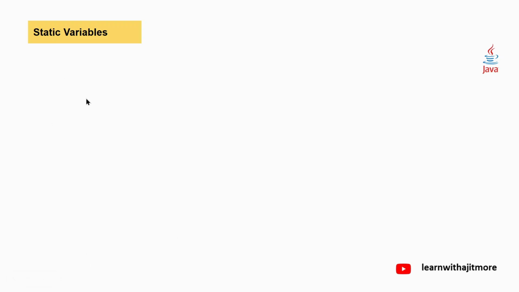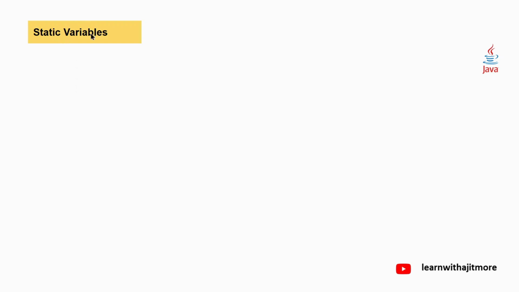Moving to the second type, that is static variables. Okay, now what are static variables? Static variables are shared between all the objects of that class. It means only one copy of a static variable is created.